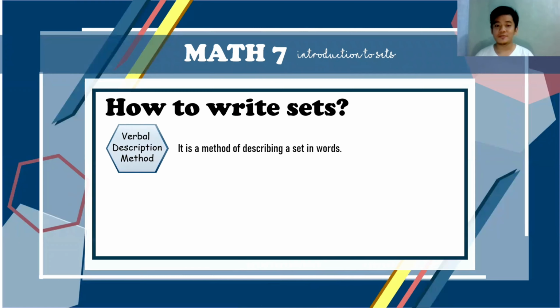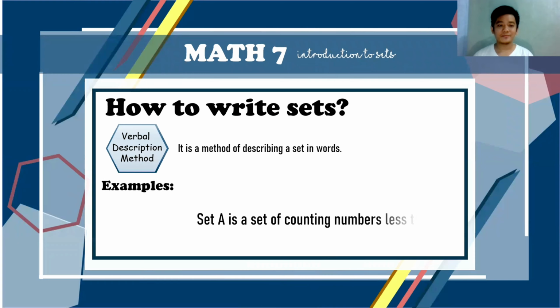For verbal description method, it is a method of describing a set in words, meaning we will write sets in sentence form. Let us have an example. Set A is a set of counting numbers less than 5. Now, in writing sets in verbal description method, it must contain the name of the set.